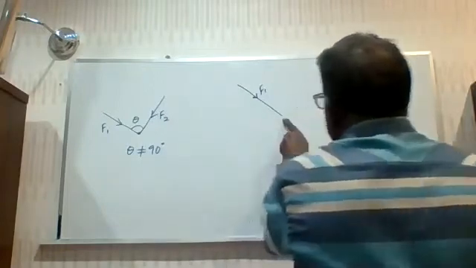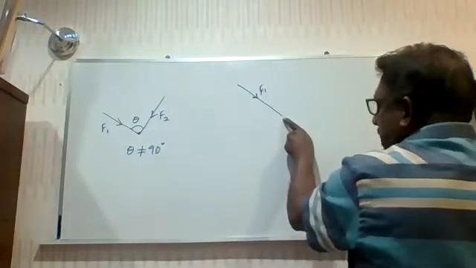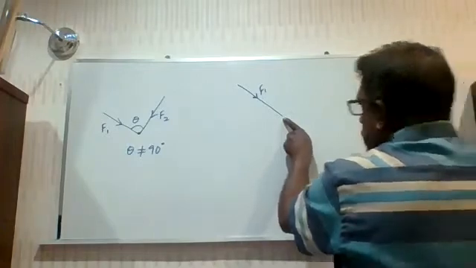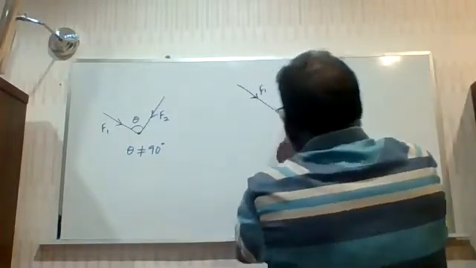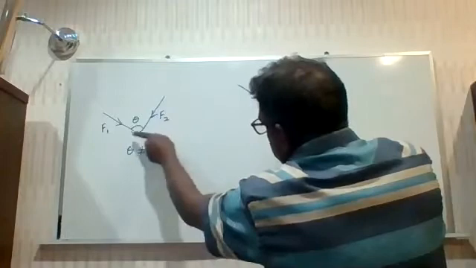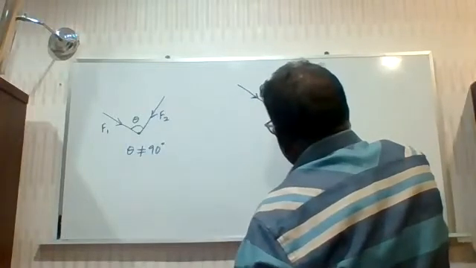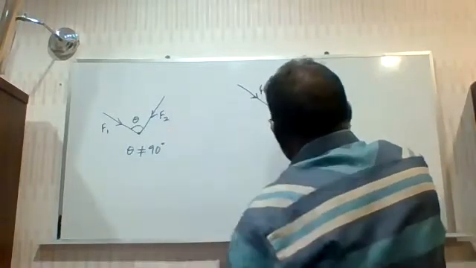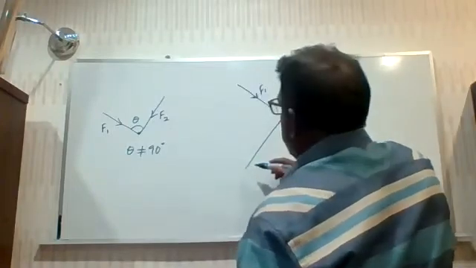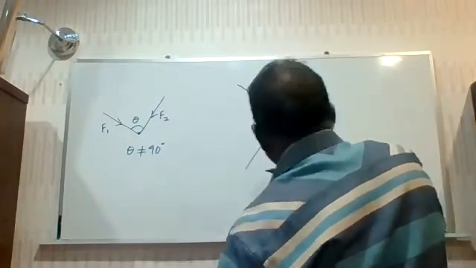Now you're arriving here. At this point, you have to continue with F2, which means I must follow that direction, parallel to that. So I'm going to do that. That's F2.